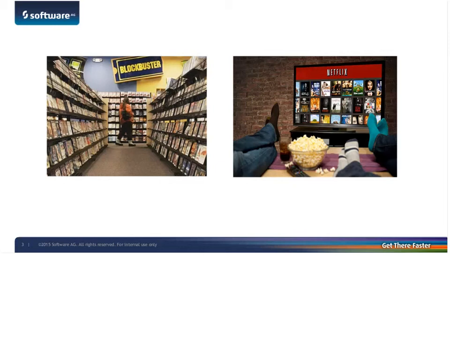Because of that, they had a large number of physical assets, which was content, or movies, or tapes. And Blockbuster was profiting by charging customers for the temporary use of those assets.